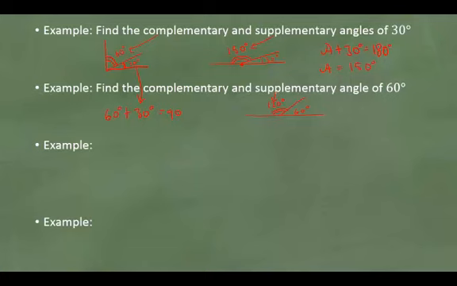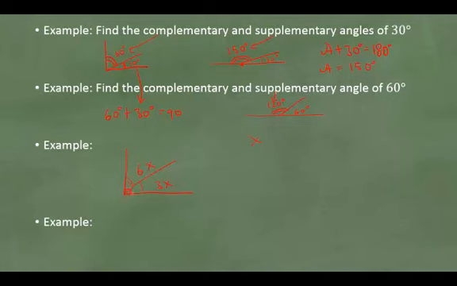All right, let's look at some algebra problems here. Let's say we had an angle of 3x here, and an angle of 6x here, and it's in degrees. Find x. And let's say this is a right angle here.